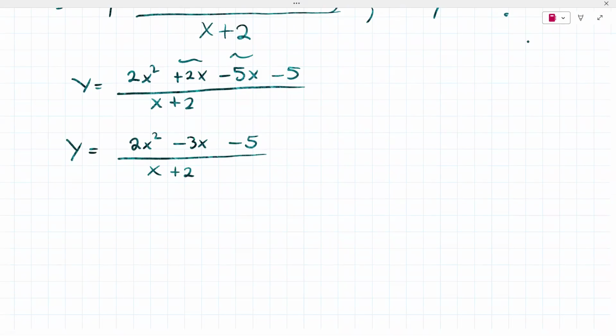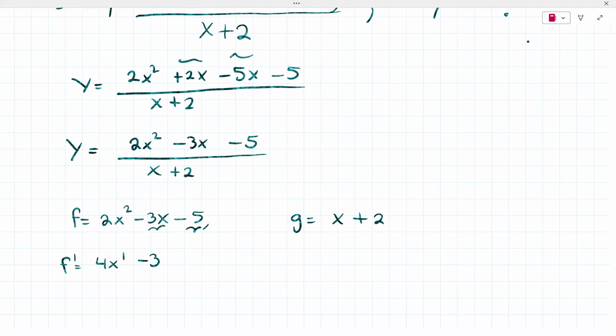So your f is the numerator, which is 2x squared minus 3x minus 5. And your g is the denominator, which is x plus 2. And then what's f prime? The derivative of 2x squared is 4x to the 1. The derivative of negative 3x is negative 3.